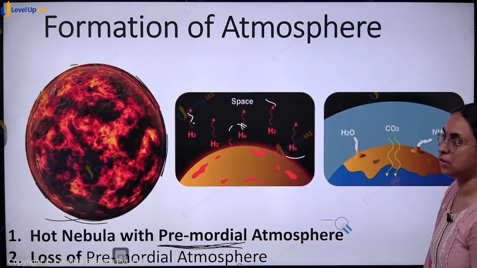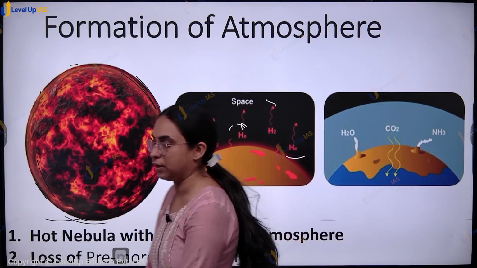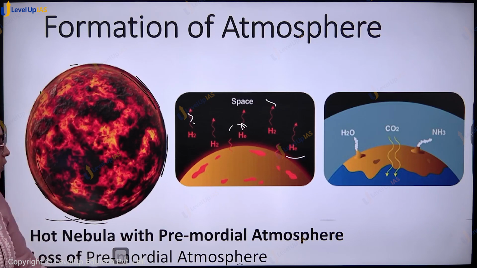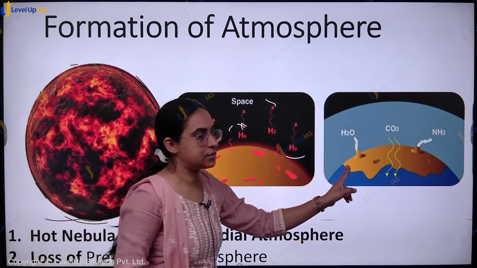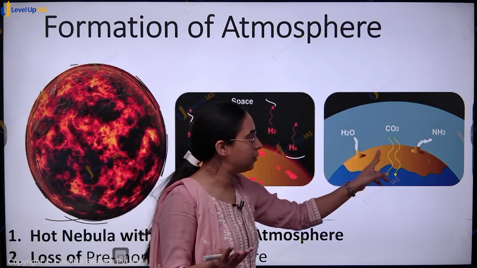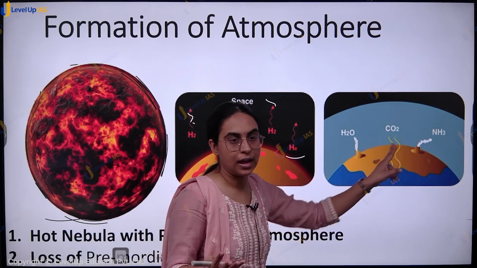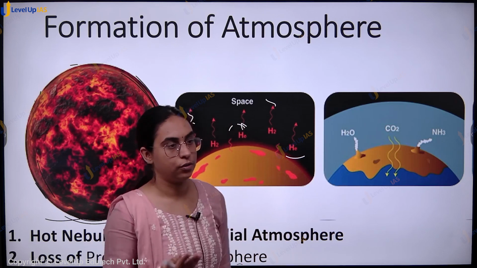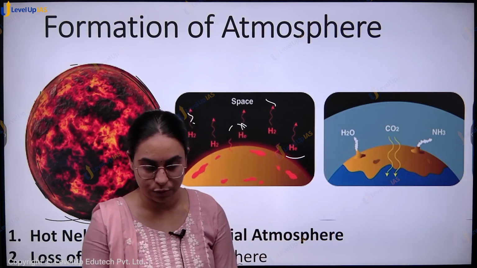There's release of carbon dioxide, water vapor, and the ammonia. Right, the third stage, where there's degassing stage, where water vapor is getting released from the interior of the Earth, carbon dioxide is being released from the interior of Earth, and ammonia is being released from the interior of the Earth. So the third stage. This was the third stage.